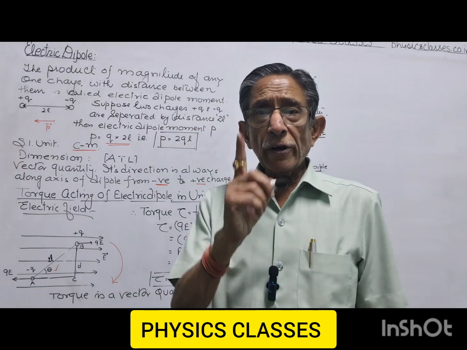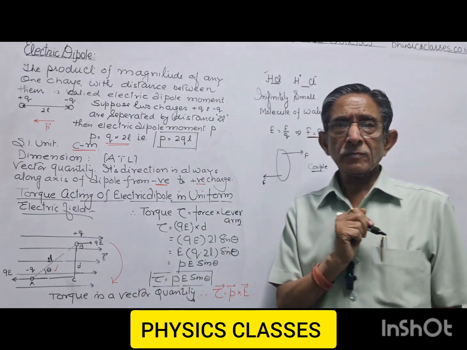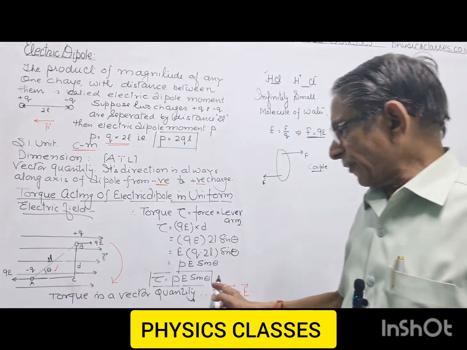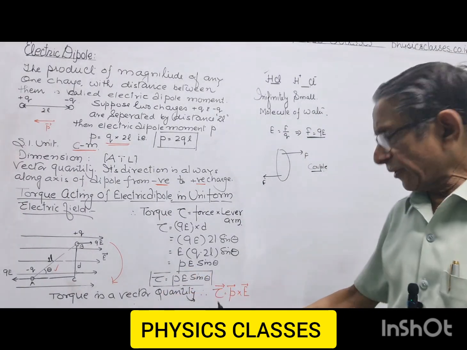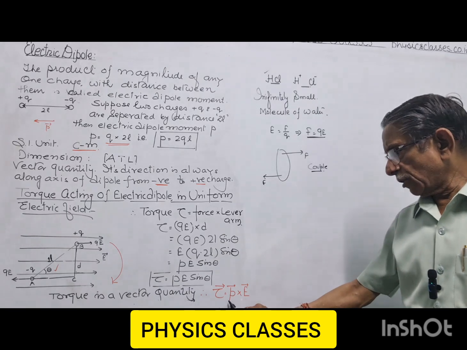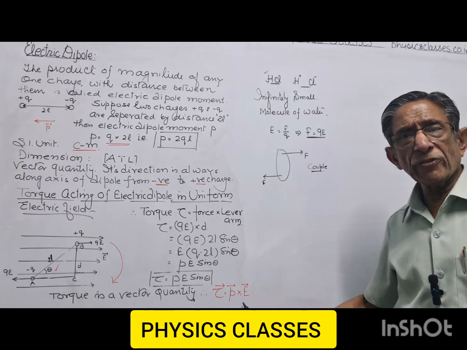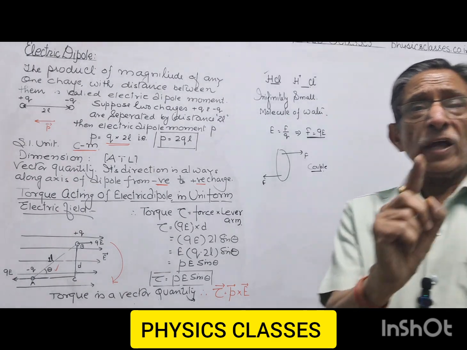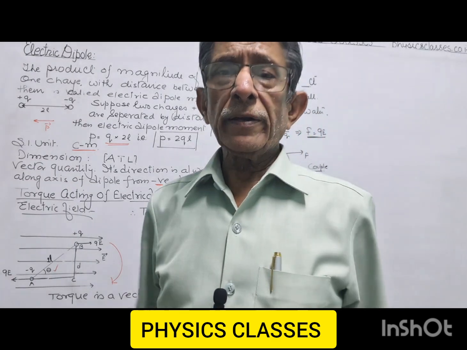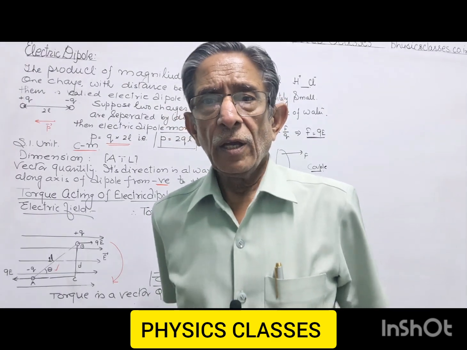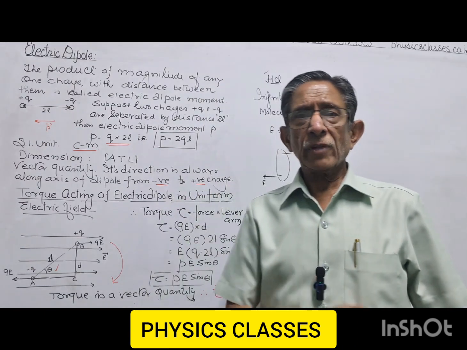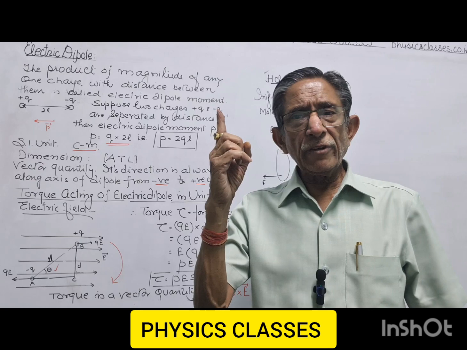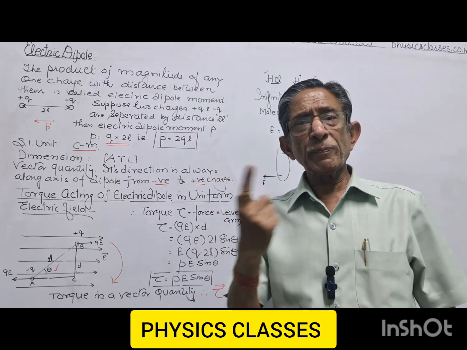Remember, torque is a vector quantity. Since torque is a vector quantity, we can write it in vector form, that is torque vector is equal to P vector cross E vector. Torque is equal to cross product of electric dipole moment and electric field. The direction of torque is given by right hand rule. In class 11, we have studied cross product.